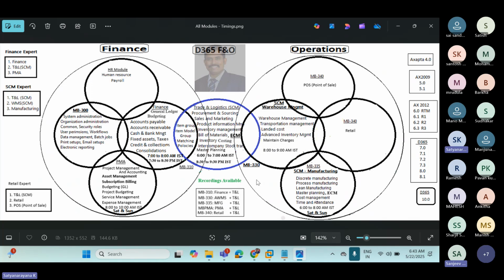No. Actually, F&O is the product name. Finance and operations is the product name. It is a big subject. People are calling this module finance F&O, finance as F&O. For understanding purpose, I have written it like this.